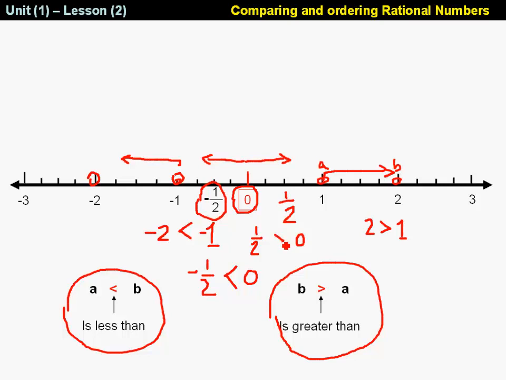Of course, greater than. If we write 0, then half, this is 0 and this is half. When we move from 0 to the right, any number will be larger than 0. So 0 is less than half.